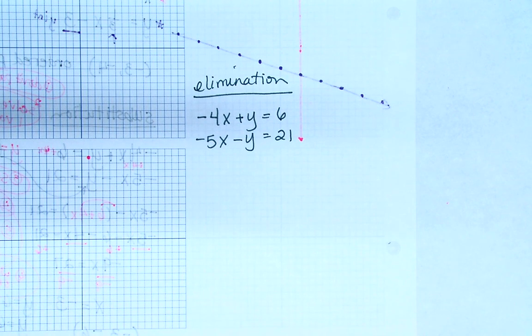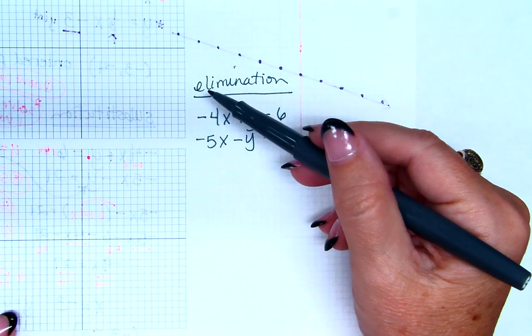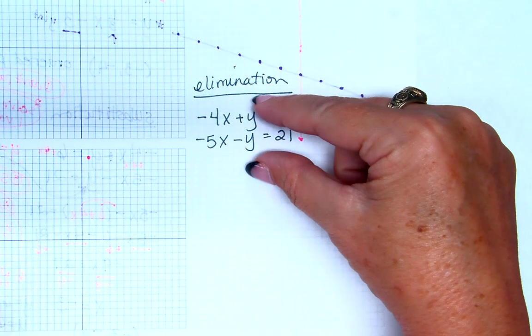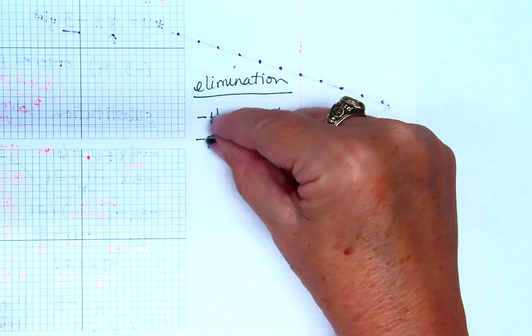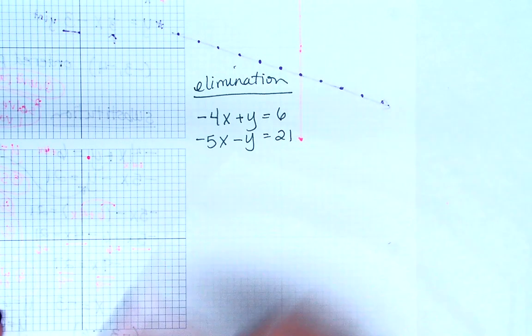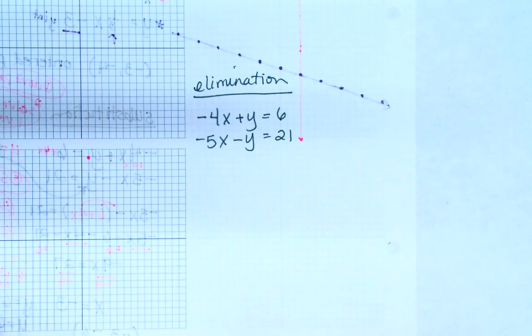If I'm going to solve a system by elimination, my final goal is to combine these two equations. Combine these two x's, combine these two y's, combine the constants, and when I do that combination is when one of the variables is eliminated.